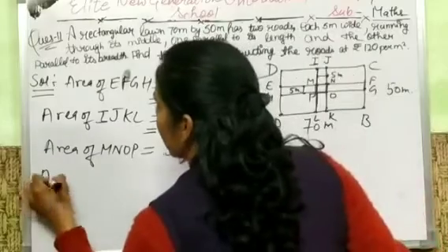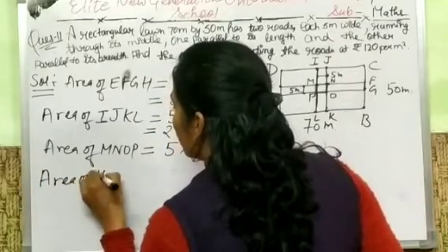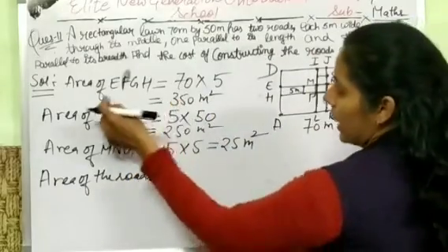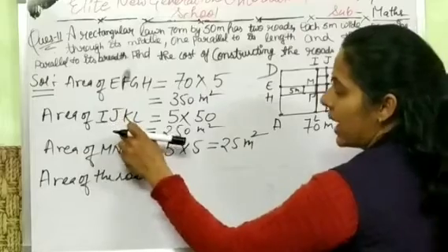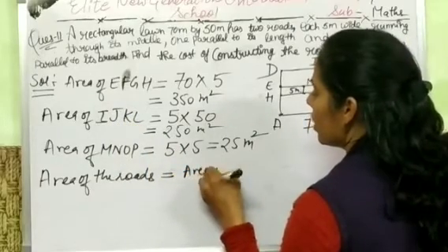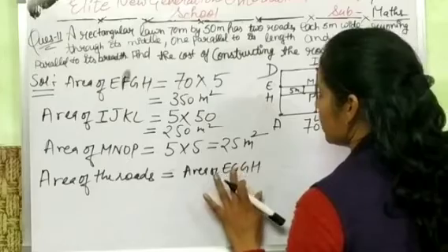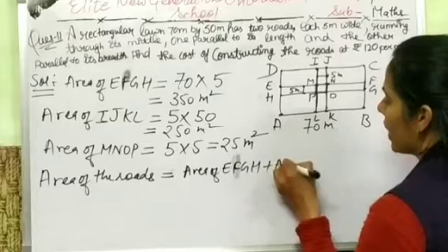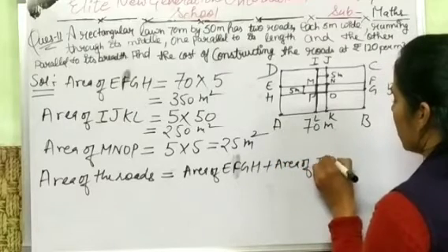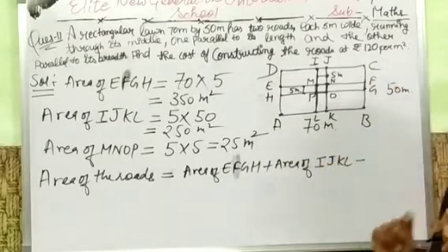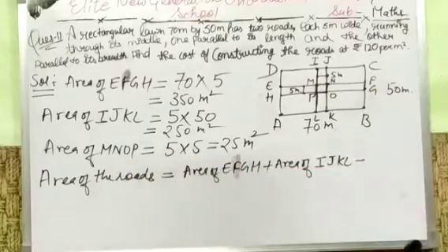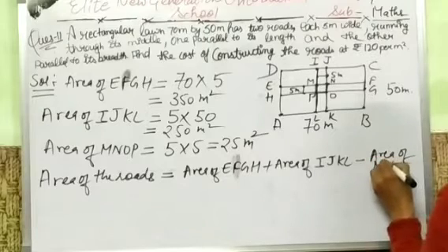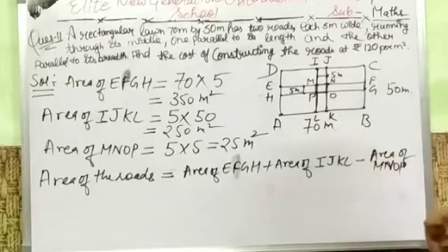So how can we find the area of the roads? First, add the area of EFGH and the area of IJKL, and we have to subtract the area of MNOP, because this part is common between these two roads, right?